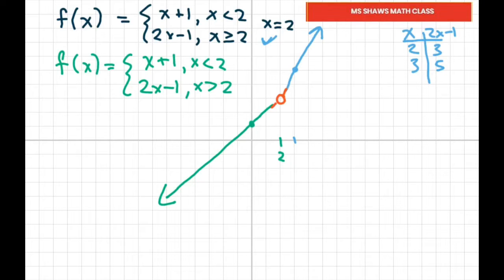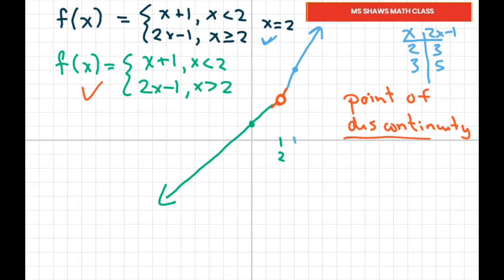So that would be the graph of the second one. And that's why it's discontinuous at 2, because there's a hole. This is called a point of discontinuity. That's going to be important in calculus when you are taking derivatives and whatnot.